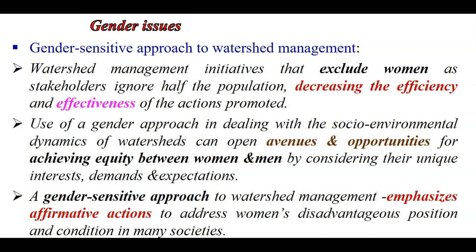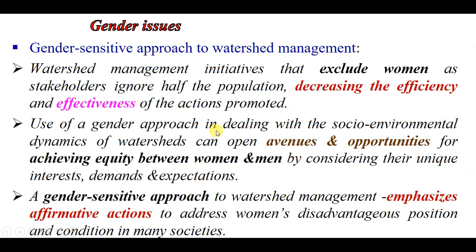So, what is the gender issue? Gender issue in watershed management. A gender-sensitive approach to watershed management: watershed management initiatives that exclude women as stakeholders ignore half the population, decreasing the efficiency and effectiveness of the action promoted. Therefore, watershed management initiatives must include, not exclude, women.